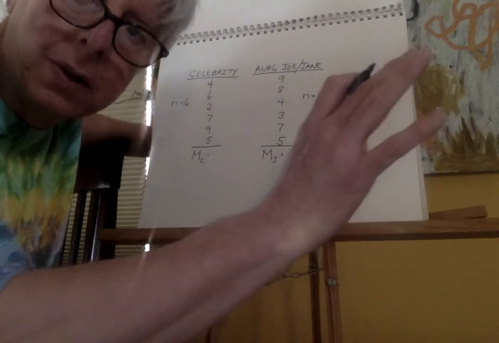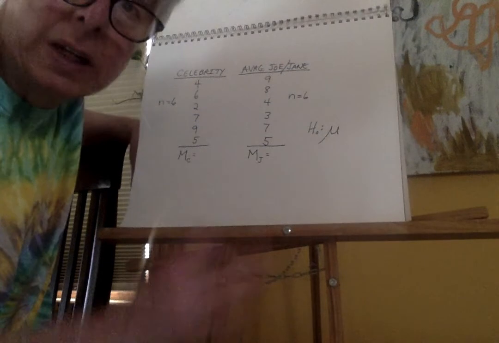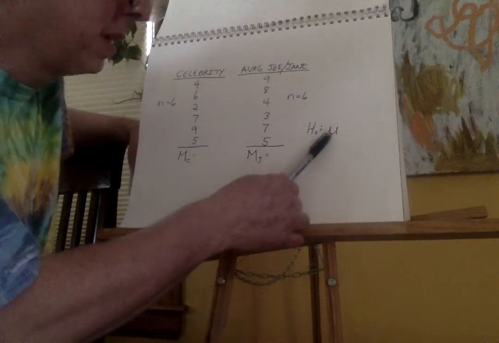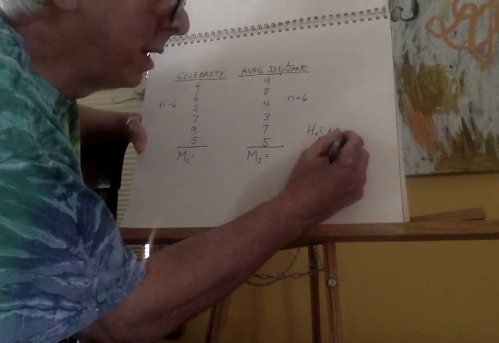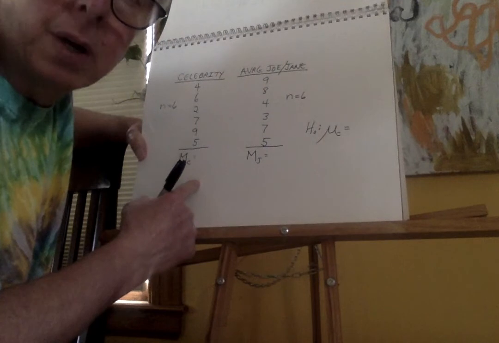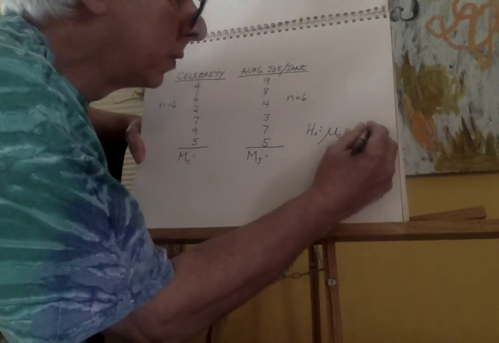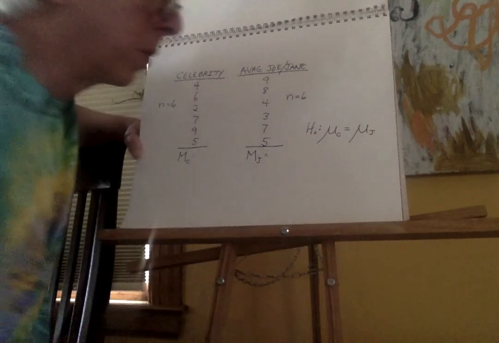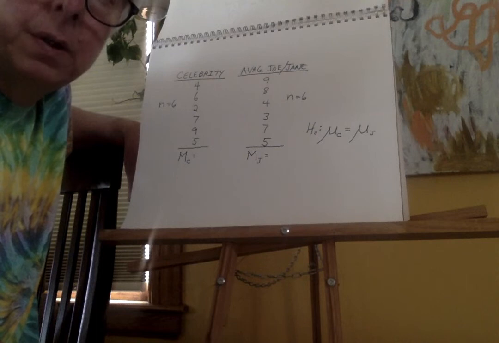It's hypothetically out there, even though it's not really out there. And so I'm going to use the mu as my symbol. The mu for the celebrity, that is the average for how much they are going to buy the product, would be equal to the mu for the Joe group. Okay? That's what I'm saying.